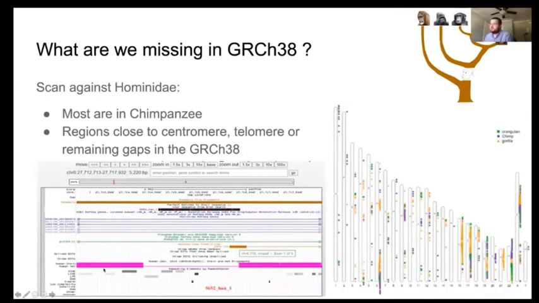So here is the UCSC browser. In black, we have the contig that we assembled. In brownish here is the assembly of the chimpanzee genome, and we can see that we map this contig from the Han Chinese population onto the chimpanzee genome. This, of course, doesn't indicate that we are studying chimpanzees here, but has the interesting effect that this contig bridges over a region that is indicated as a deletion in humans.